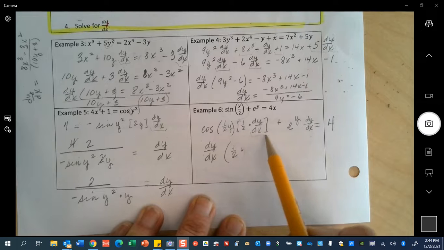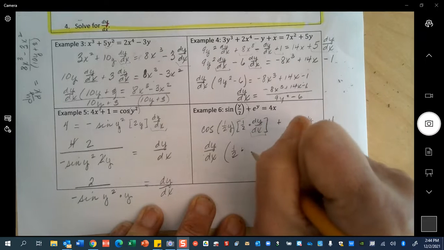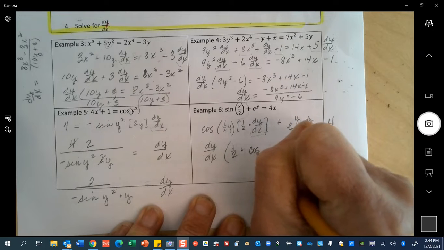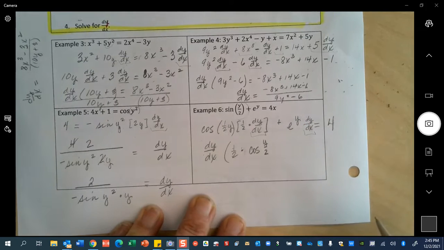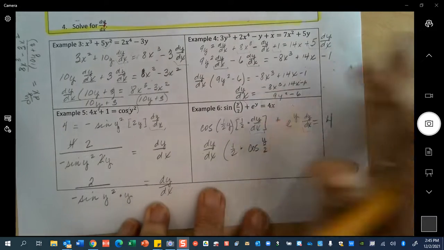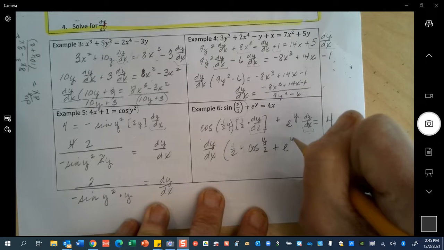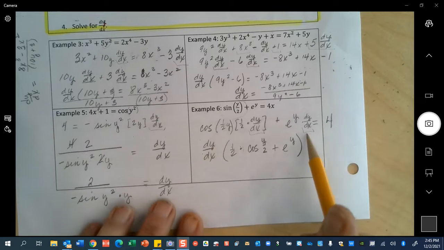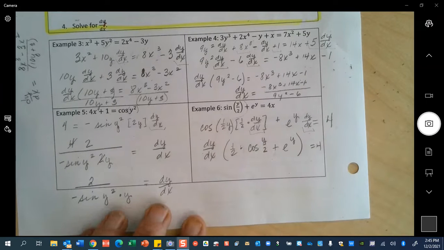I've taken my dy/dx out. So I have 1/2 times the cosine, and you can go ahead and put y over 2 back in that way if you want. And that's going to be plus e to the y, because I factored out my dy/dx, is equal to 4.